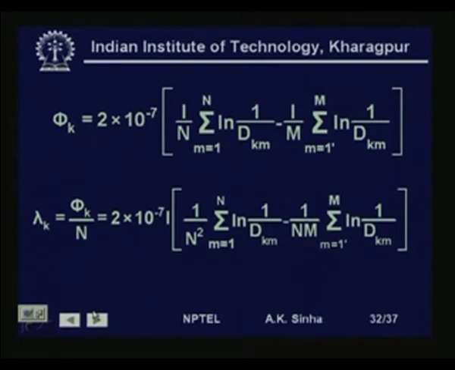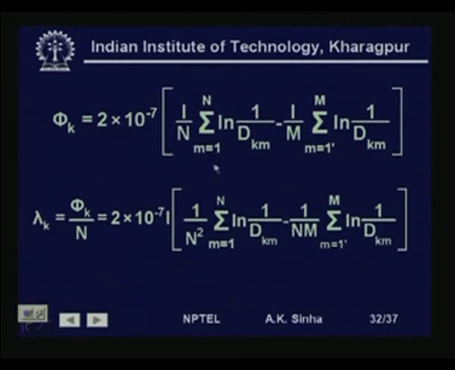So, now we can find the flux for any subconductor K in the system of conductor X. This will be given by 2 into 10 to the power minus 7 I by n log n 1 by d k m minus I by m sigma log n 1 by d k m.